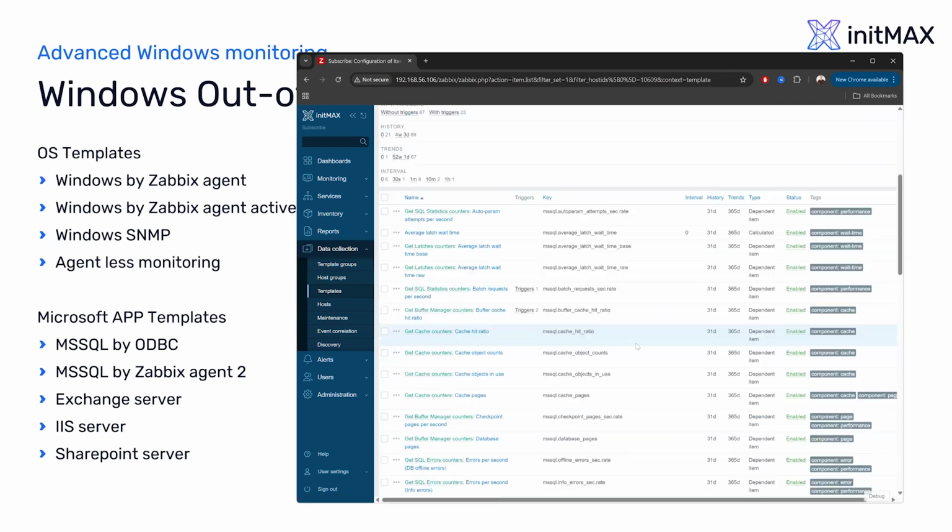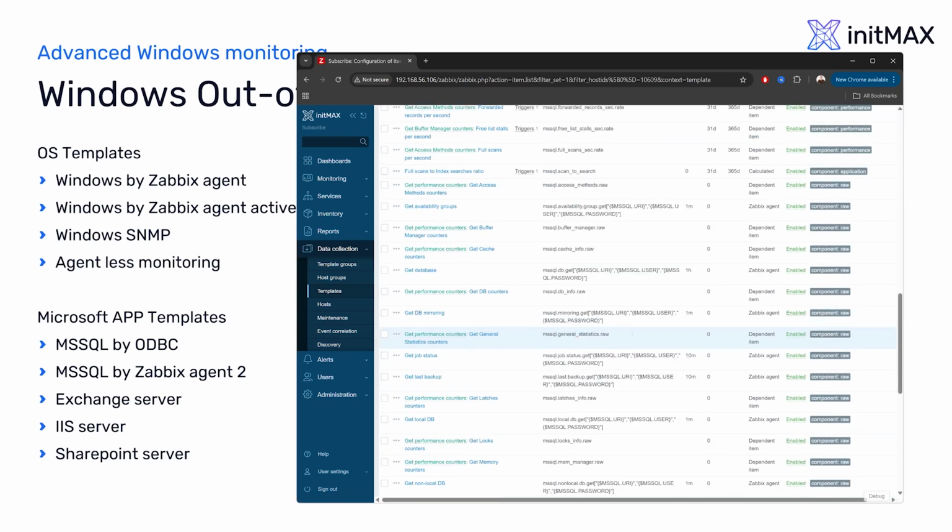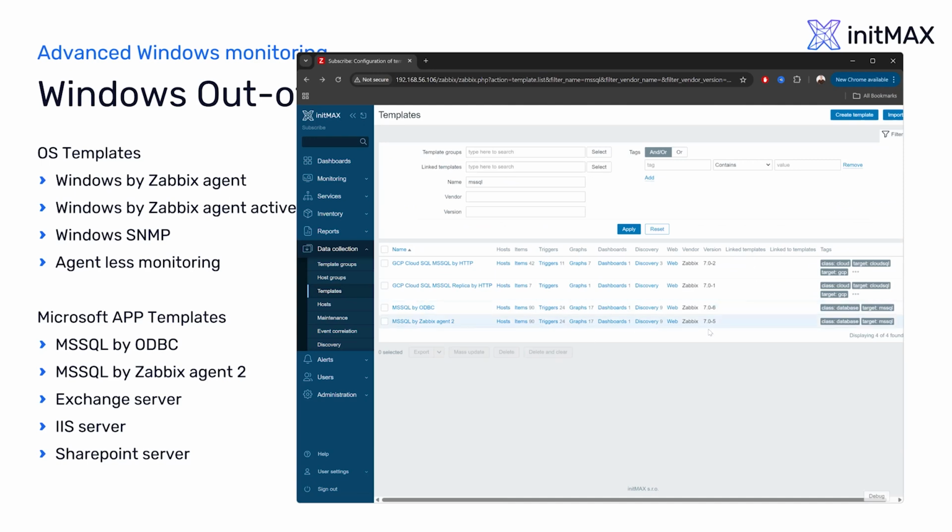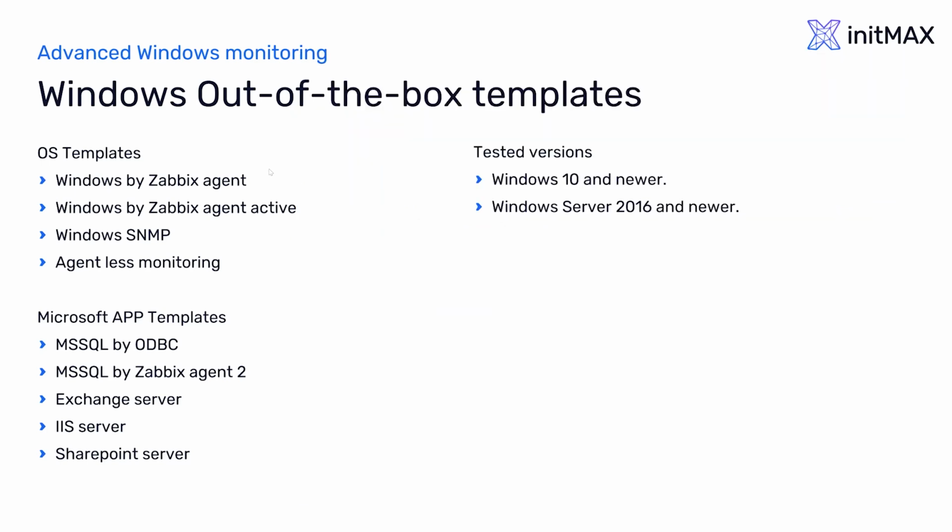Each of these templates has a lot of different items that are already pre-configured to collect data from your host. They also have some triggers and low-level discovery rules. So those are ready-to-use templates for you to apply to your Windows host or to your service monitoring and start collecting the data.